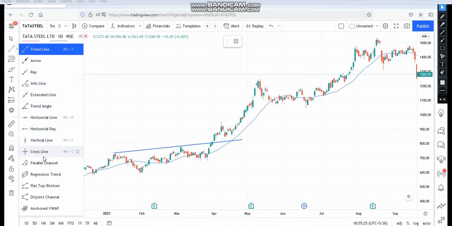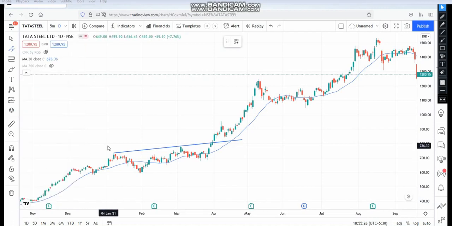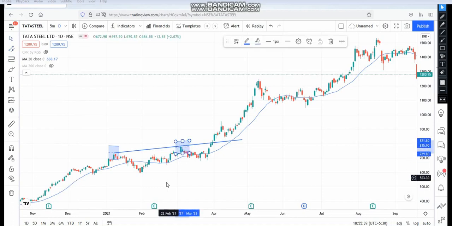This is one and this is the other one. So two resistance I have taken. This is the trend line I have drawn.